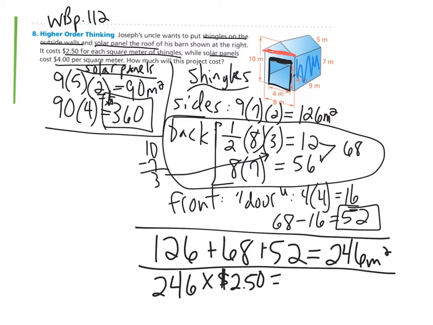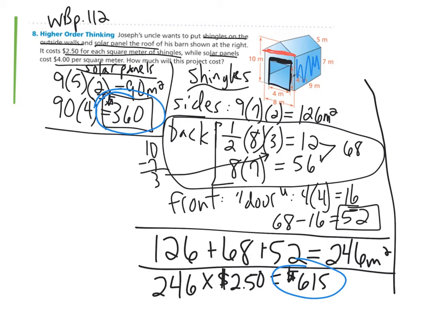And that should be $615. So we got $615 for the shingles. Way back here we had $360. So then we'll add the $615 and the $360, giving us a total cost of $975. Very good.